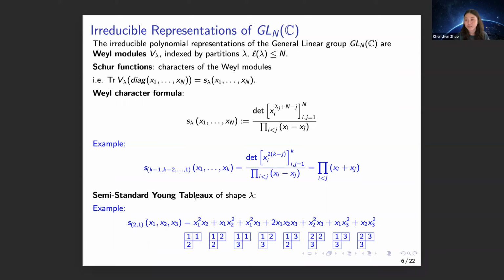The semi-standard Young tableaux are tableaux that are weakly increasing in rows and strictly increasing in columns. We are filling the tableaux with 1, 2, and 3 here because we are only using x up to x3, and there are 8 ways to do this. For instance, the first one, we have 1, 1, 2, and this corresponds to x1 squared times x2, and so on.